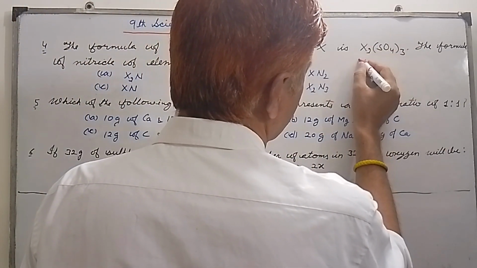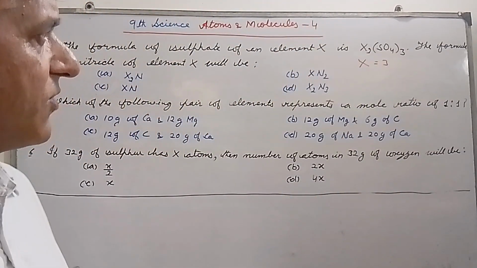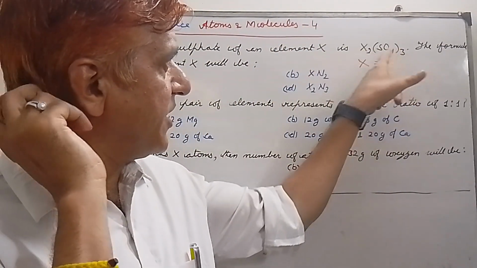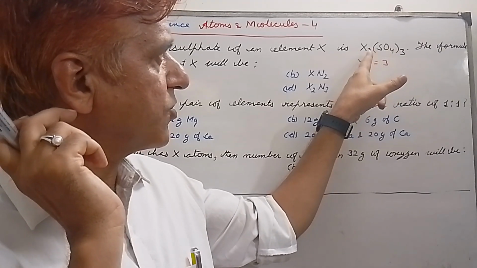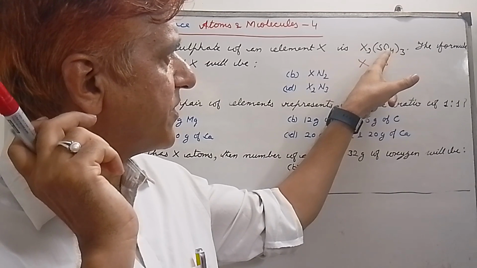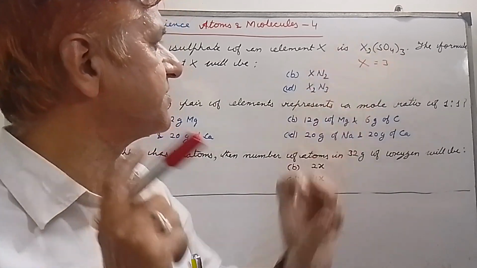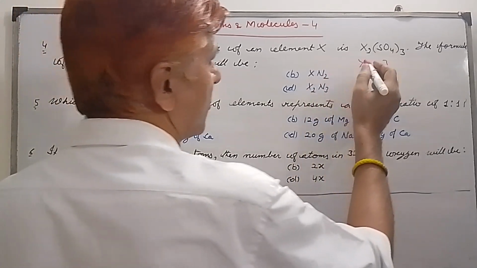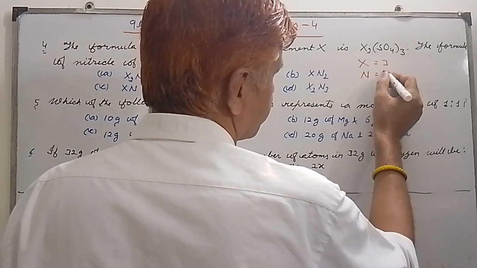Valency of X element is 3. 2 is the valency of the sulfate group, and 3 is the valency of X, and valency of the nitrogen atom is 3.